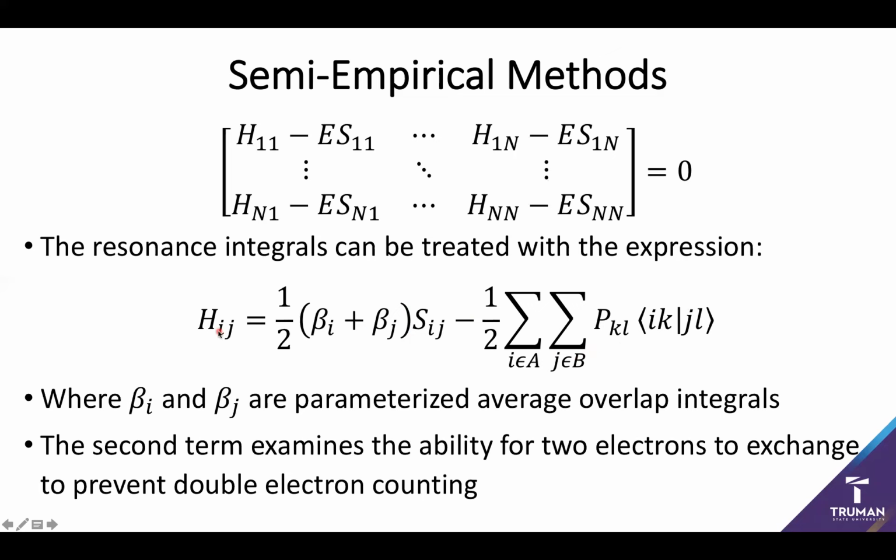Because you can imagine if I'm looking at the interaction in between two different orbitals, well, I may have a little bit of character cross-linked in their interactions with all the surrounding systems. And this is often called electron exchange. We're going to talk about it a little bit more next time as we get into Hartree-Fock theory, because this becomes a dominant portion of Hartree-Fock theory, essentially this description of resonance integrals. And it's going to share a lot of features with semi-empirical methods, but without quite so many shortcuts.